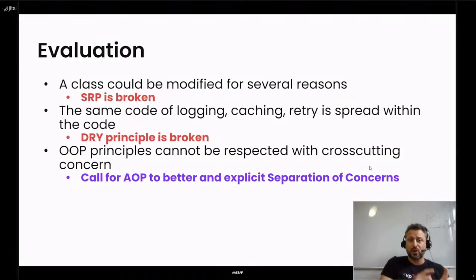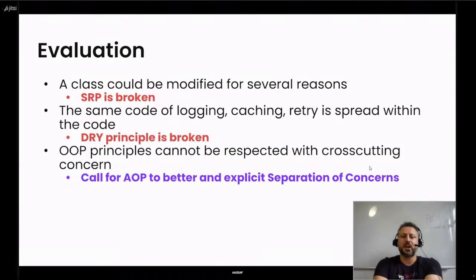Let us also see another point of view. The same logging and caching code, now we see only cart service, but it's the same problem for different classes in our program. So here also the DRY principle, don't repeat yourself, is broken. We see in a concrete way that OOP principles cannot be respected with cross-cutting concerns.